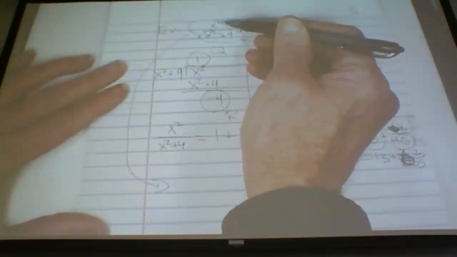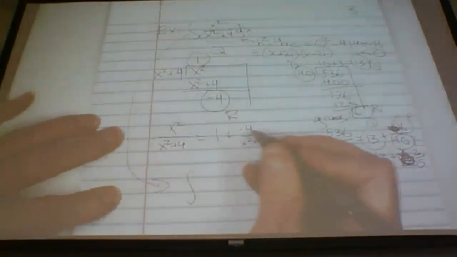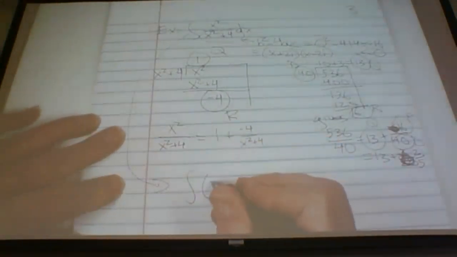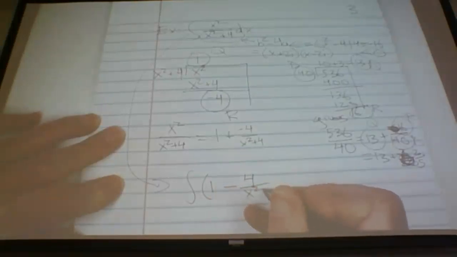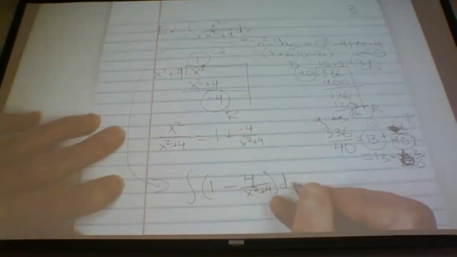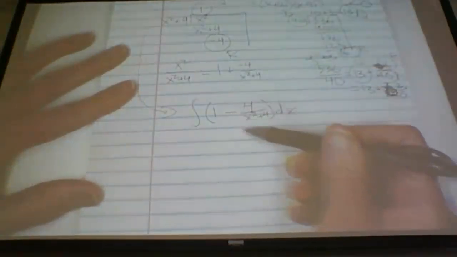Now I know what to do with this. I'll just take this integral when the numerator is at least as high a power as the denominator and rewrite it after this division as equivalently 1 minus 4 over x plus 4. All right? So there it is.